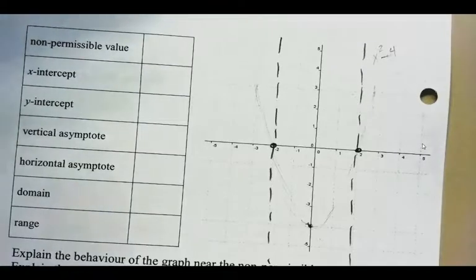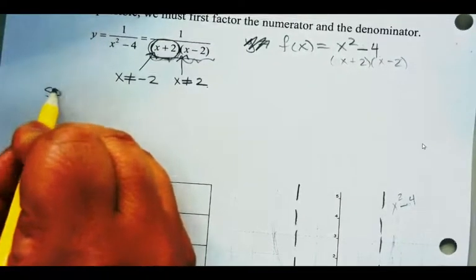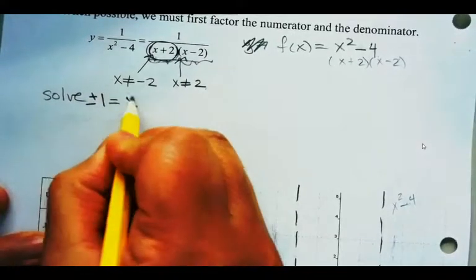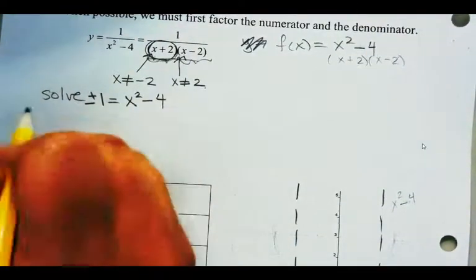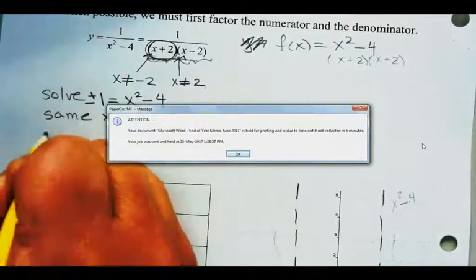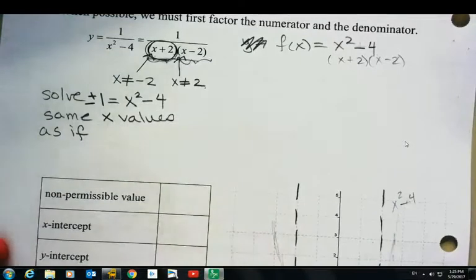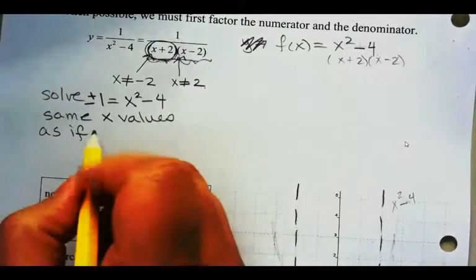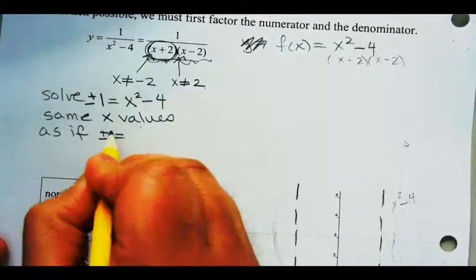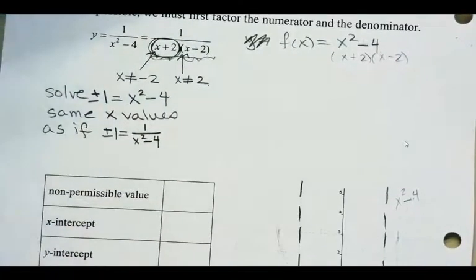Yeah. Okay. Now, the thing about invariant points is, if we were to solve 1, positive 1 or negative 1 equal to x squared minus 4, we will get the same x values as if we were to solve for plus or minus 1 over x squared minus 4.